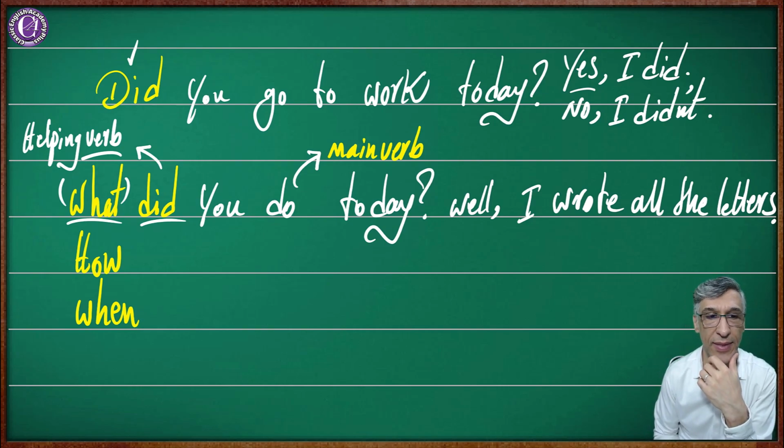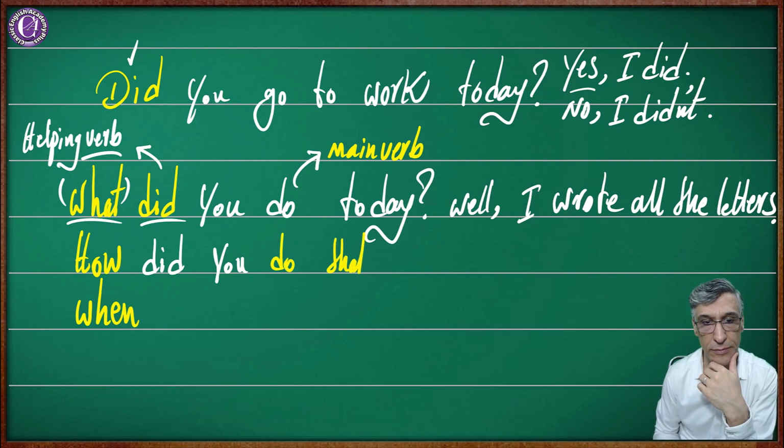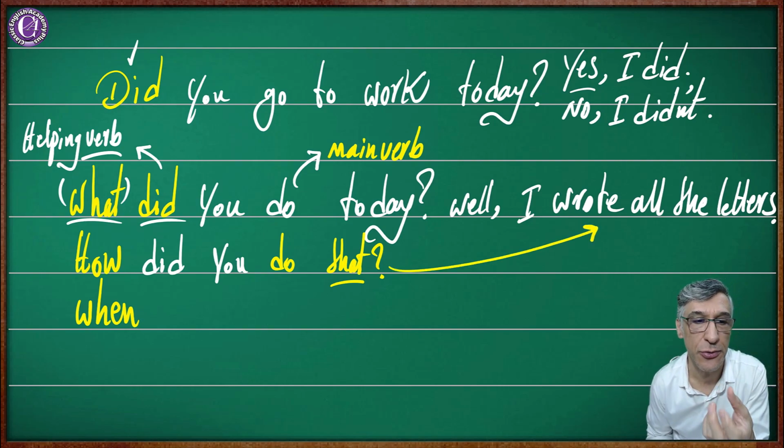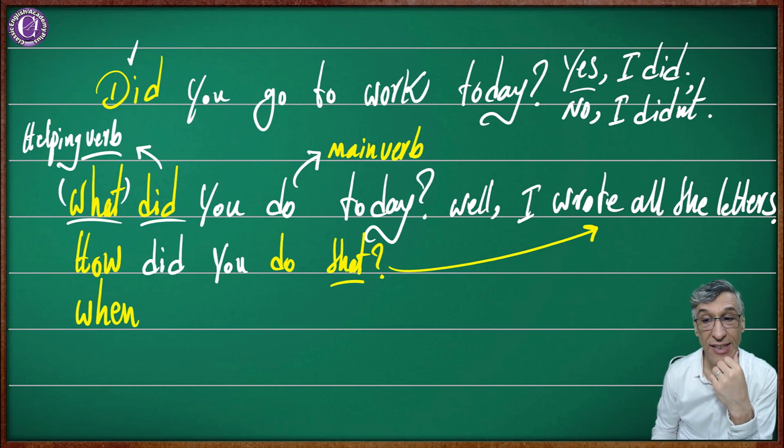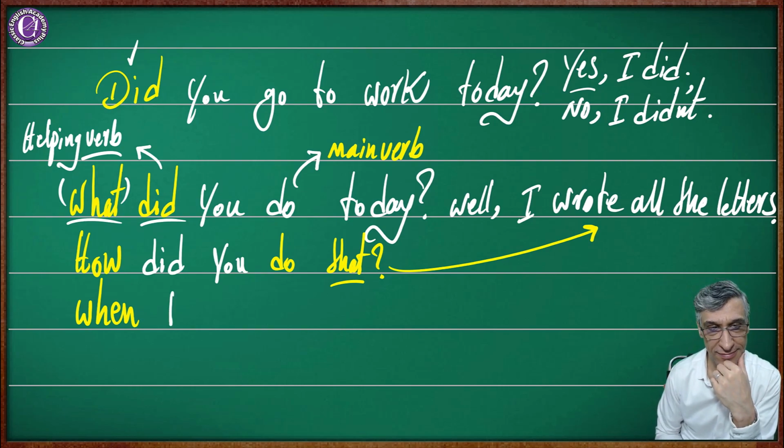And how? You say, how did you do that? How did you? Again, how did you do that? I mean, writing letters, wrote all the letters. How did you do that? When did you finish it?